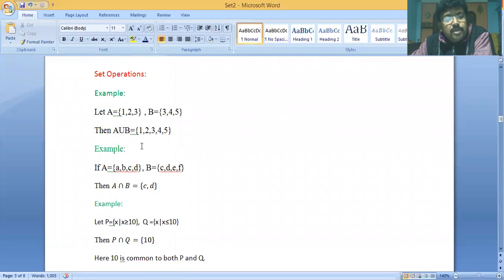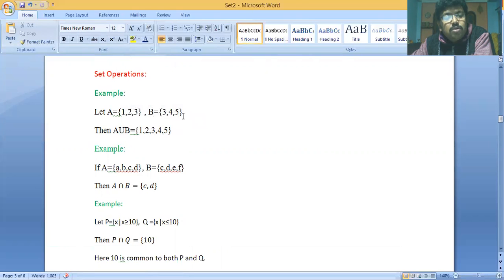Now here are some operations of sets. Look, this is an example. A is a set, 1, 2, 3. B is another set, 3, 4, 5. So A union B, this symbol represents the union. A union B means 1, 2, 3, 4, 5.